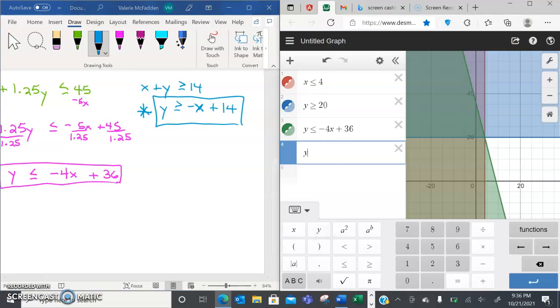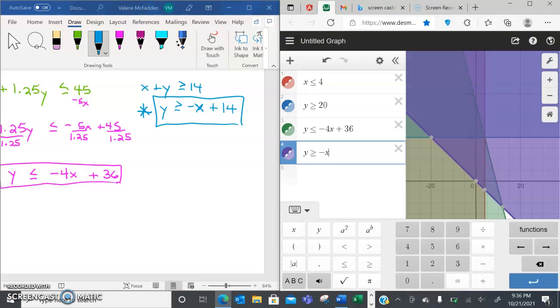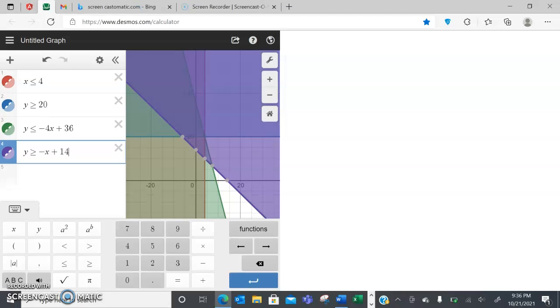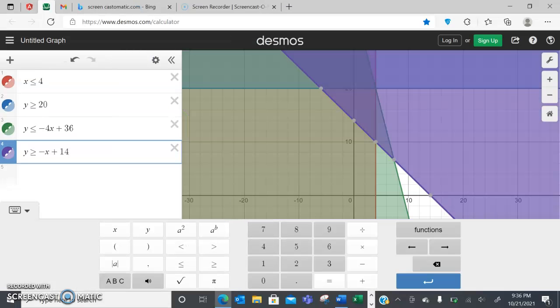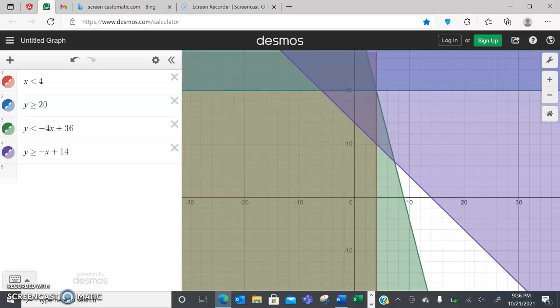Y is greater than or equal to negative x plus 14. Okay, now our goal is to see where they cross, what got shaded all 4 times.